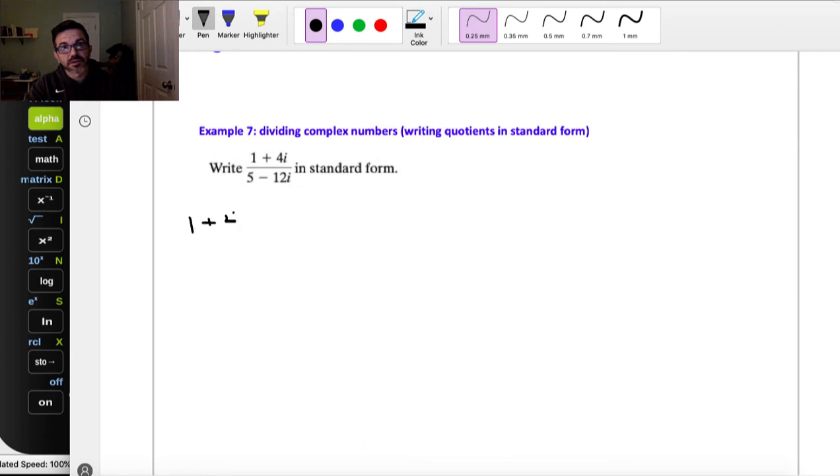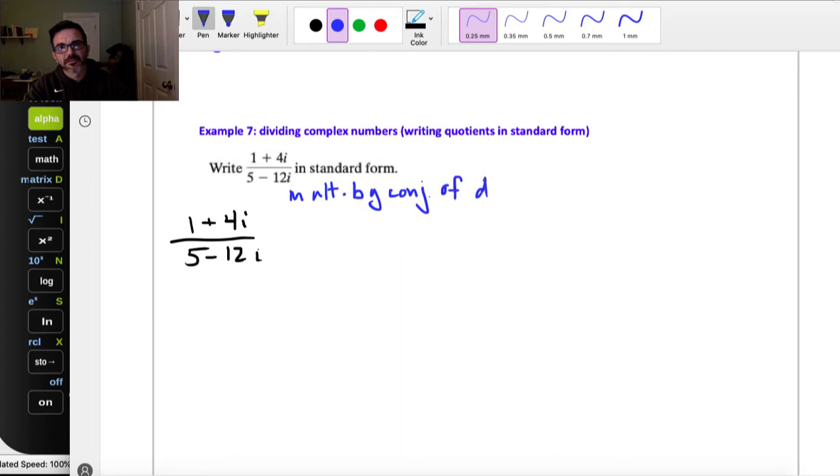So I've got 1 plus 4i over 5 minus 12i. And I'm going to multiply by the conjugate of the denominator. So my conjugate is the same real part and the opposite imaginary part.